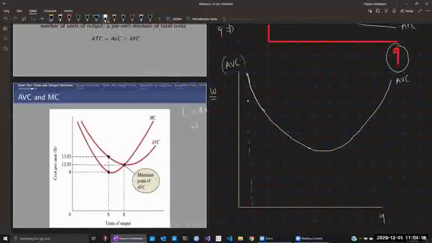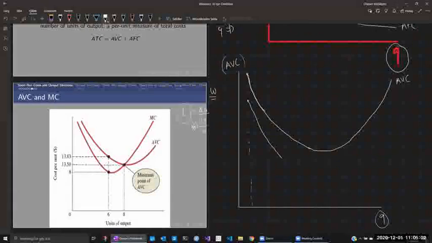It is hard to measure just by looking at the first labor that I have, but the average cost for these first 10 units is W divided by 10. Since I know that there are increasing returns to labor in this first region, the marginal cost of producing another unit of output should also be decreasing. And this rate of decrease is even lower than what I see for average variable cost. So the marginal cost also starts to decrease.